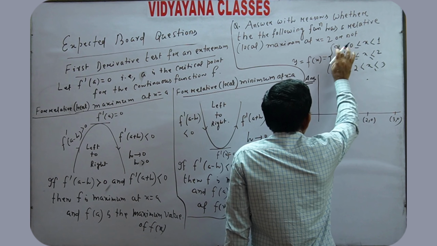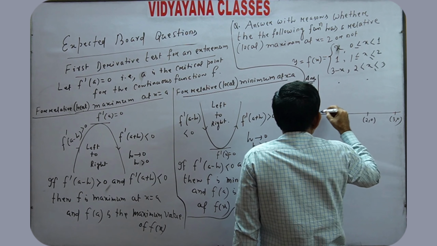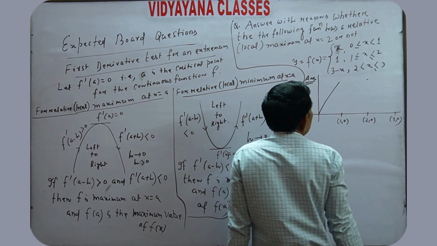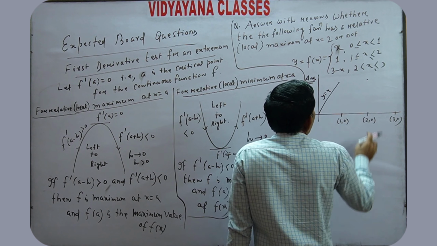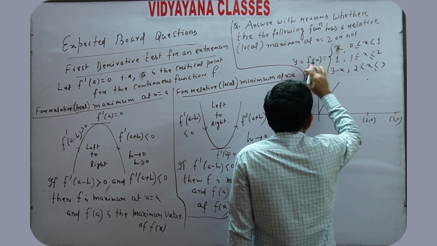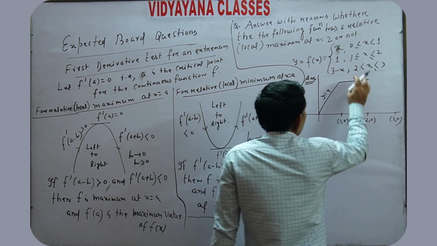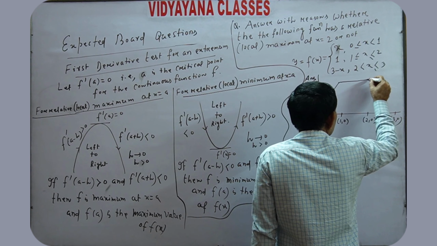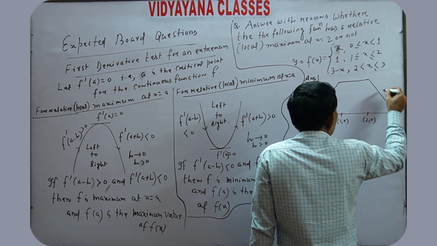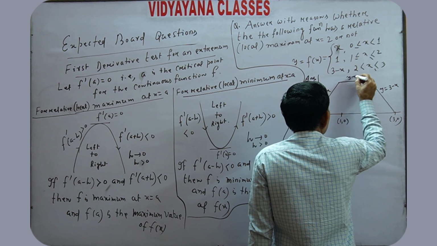y = x when x varies from 0 to 1. From 1 to 2, y = 1. From 2 to 3, y = 3 − x.